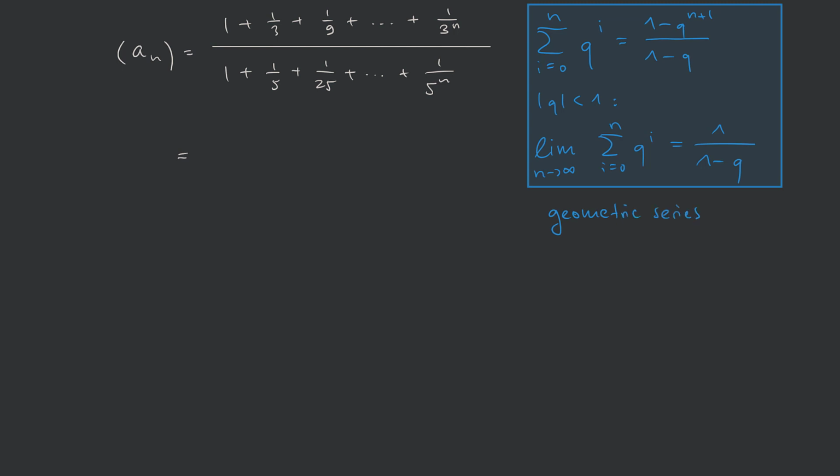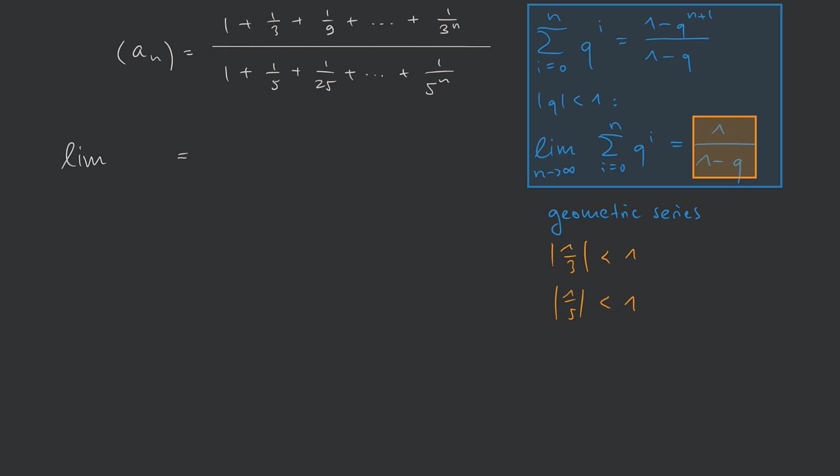And we can apply that here, because 1/3 and 1/5 are both numbers whose absolute values are strictly smaller than 1. So we can calculate the limits for both the numerator and the denominator by using this formula.